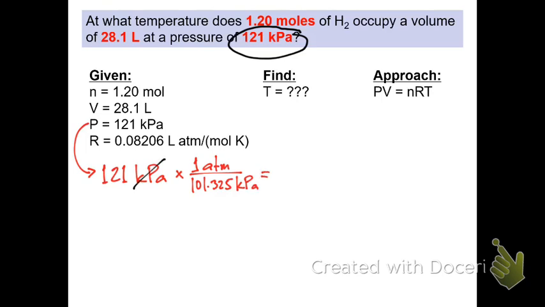All right, so kPa would cancel out, and we get 1.19 atmosphere.